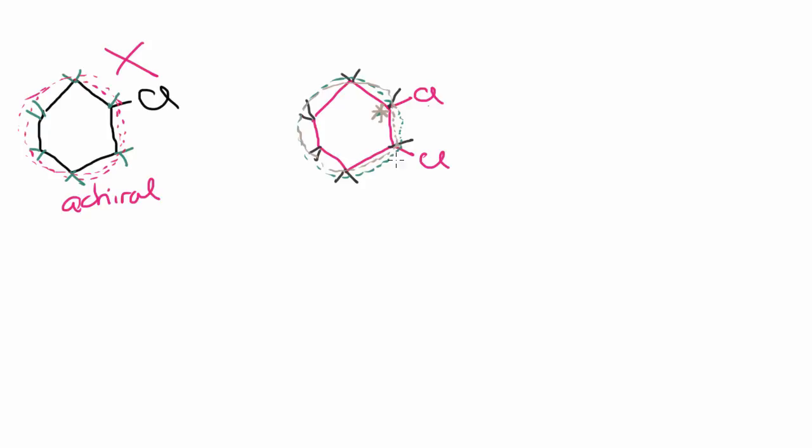Let's do the same with this chlorine. So let me get rid of some of this here. Okay, so now we'll go with this carbon here. I'll go ahead and trace around the ring going this way.